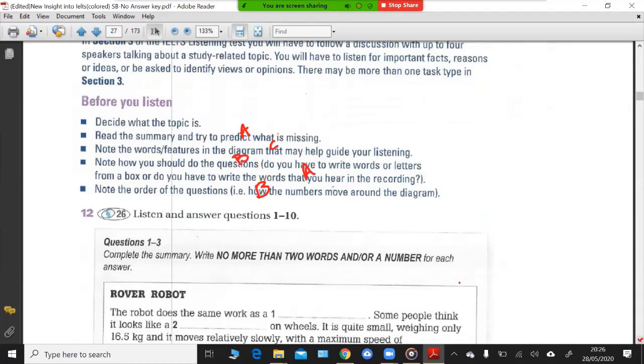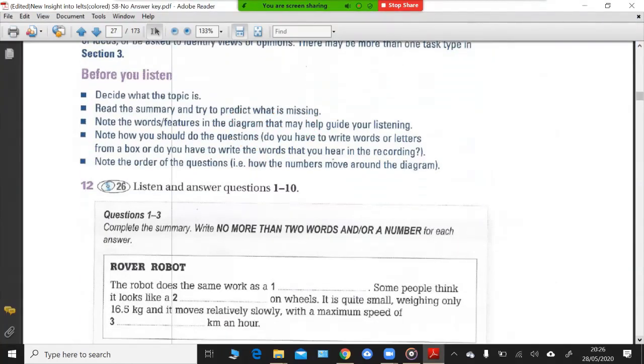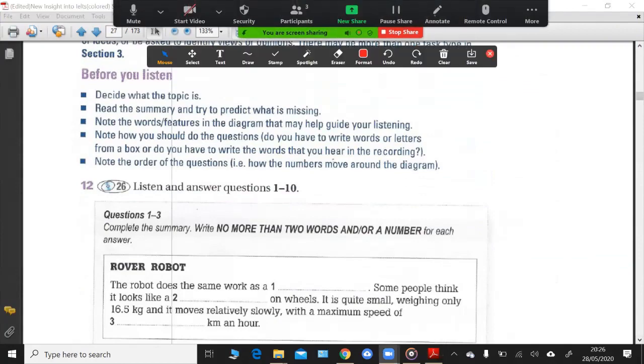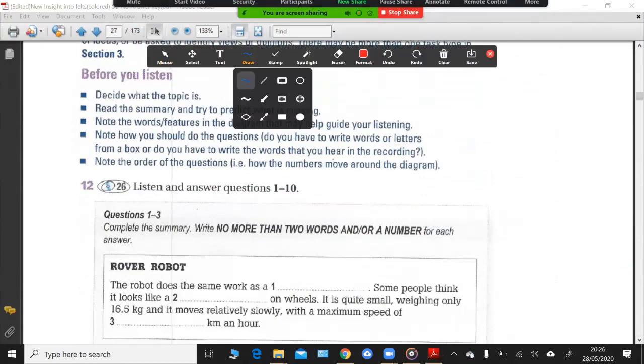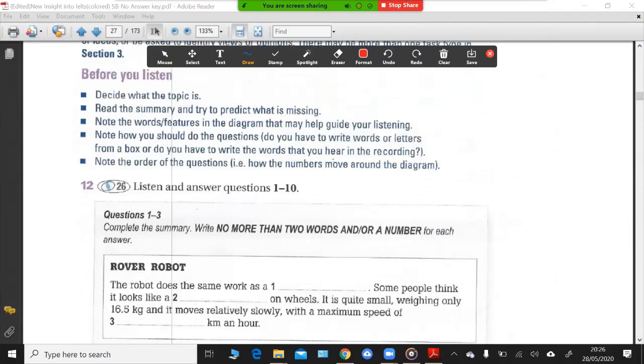And yes, before you listen, we'll start from here. Before you listen, decide what the topic is.